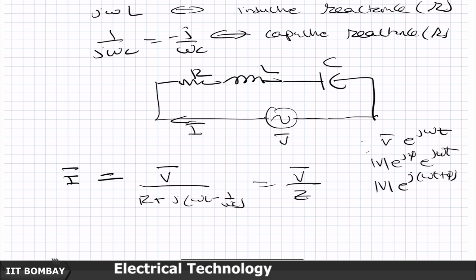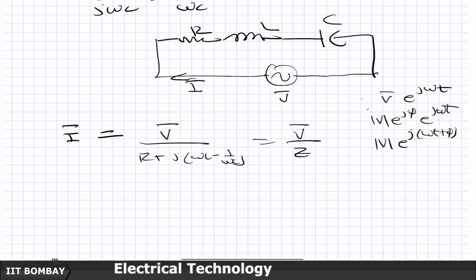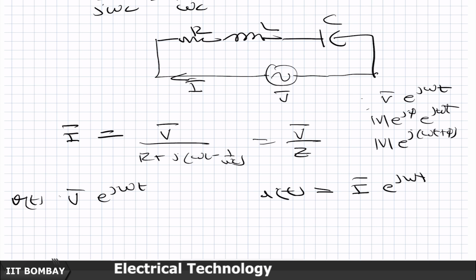So, we are getting towards Ohm's law in complex exponentials. Involving complex numbers, we are getting Ohm's law, and therefore, if the excitation is V e to the power j omega t, if this is the V of t, then the response I of t is this.